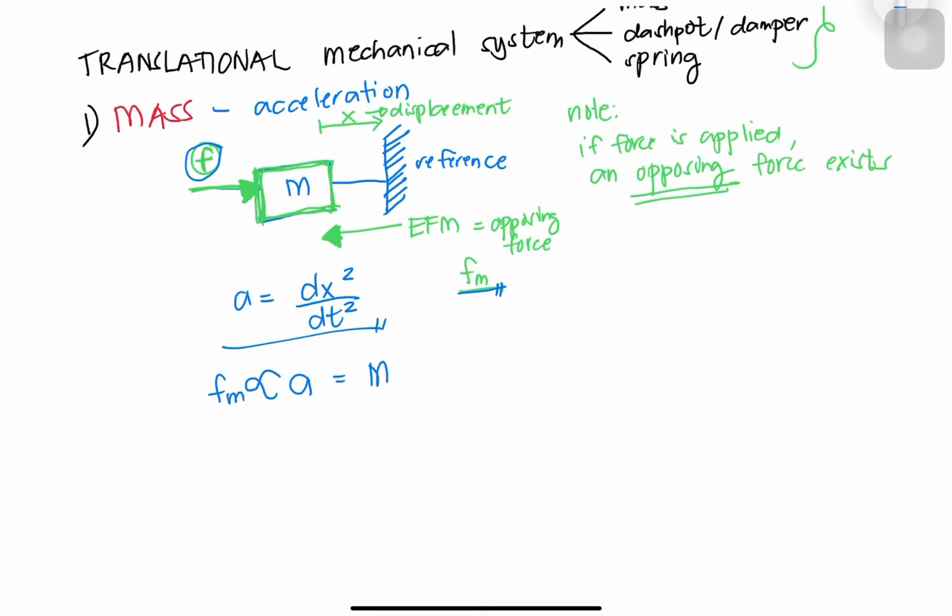We can assume that this is the formula: mass times the acceleration. So mass, let's substitute this to this, d squared x over dt squared. So this is the formula for mass.